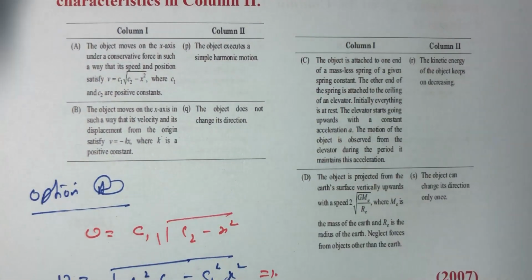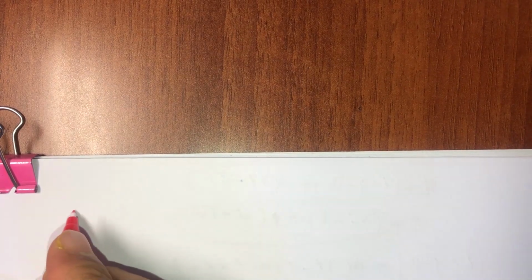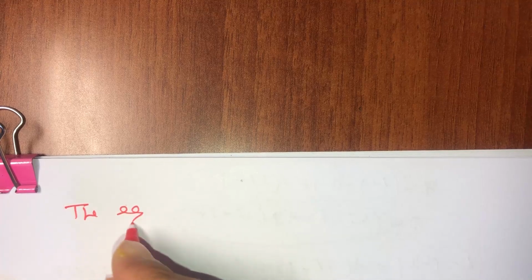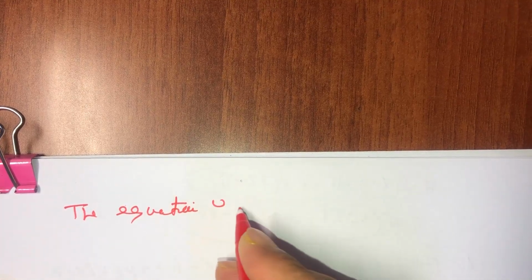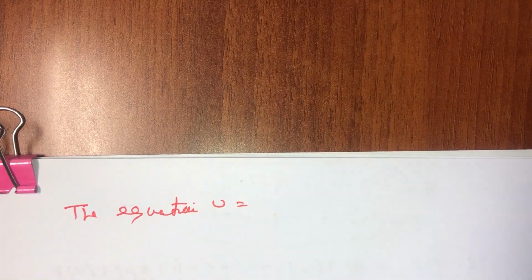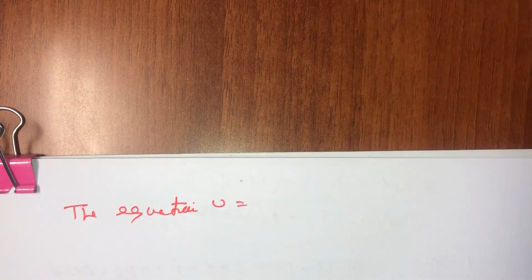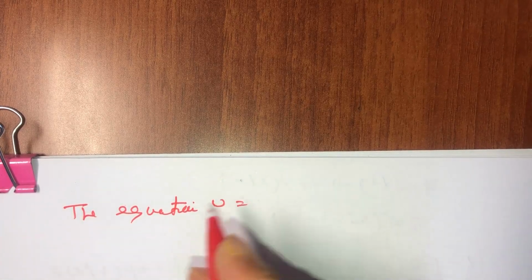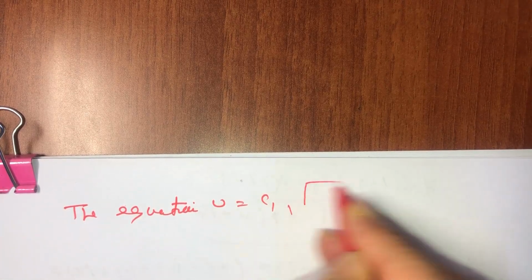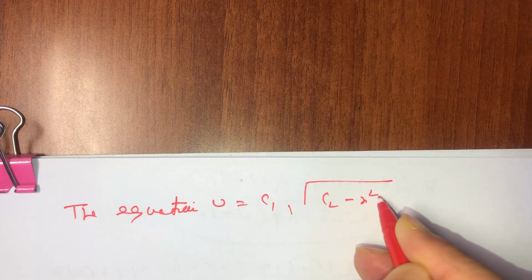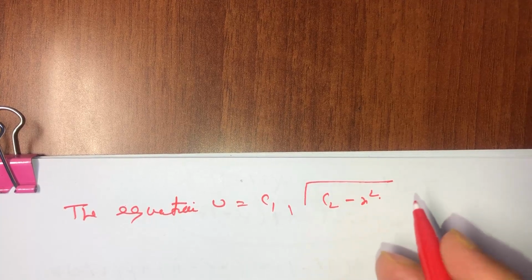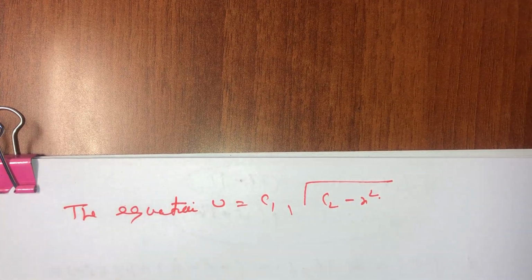So therefore we can say that the equation V is equal to C1 square root of C2 minus x square describes an SHM.